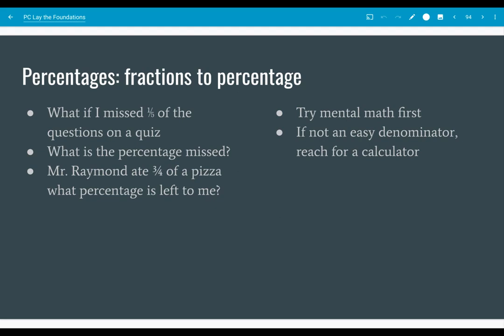So fractions to percentages. If I missed 1/5 of the questions on the quiz, what is 1/5 as a percentage? Well, obviously, of course, put that into a calculator, but we can also multiply it by 2 and get 2/10. Well, 2/10 should sound like something. It's also 0.2.